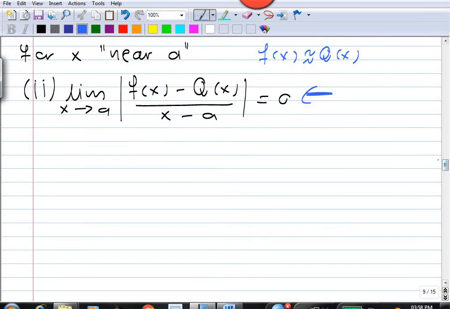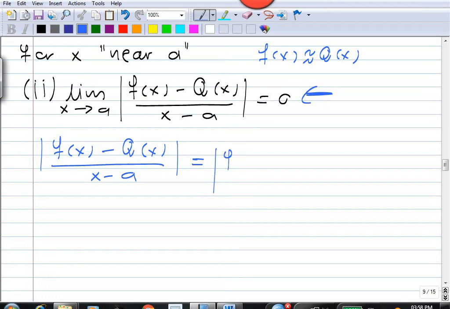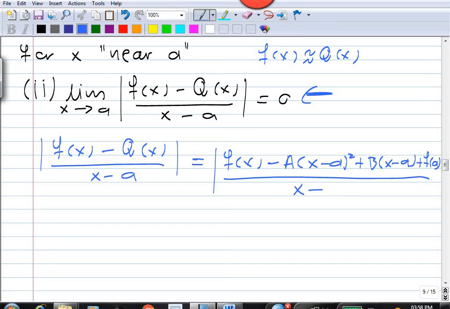Now, what is this f of x minus q of x over x minus a? It's f of x minus a squared plus b x minus a plus f of a, over x minus a.